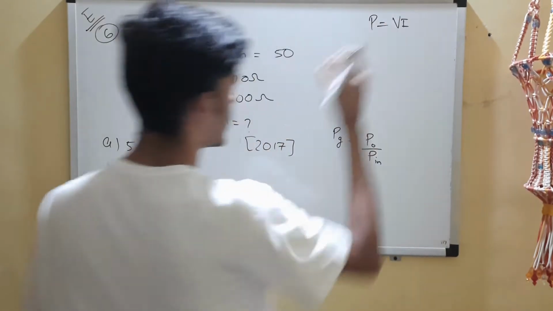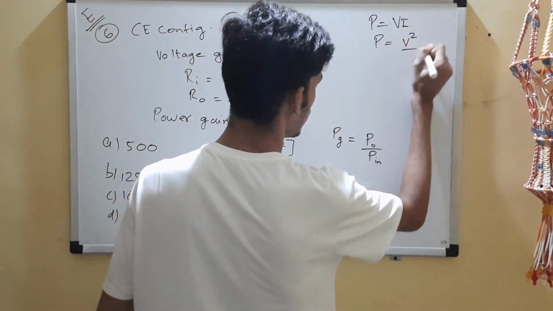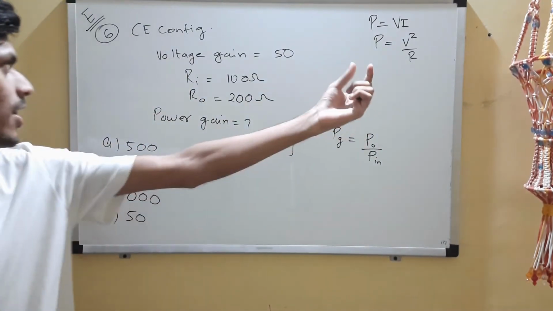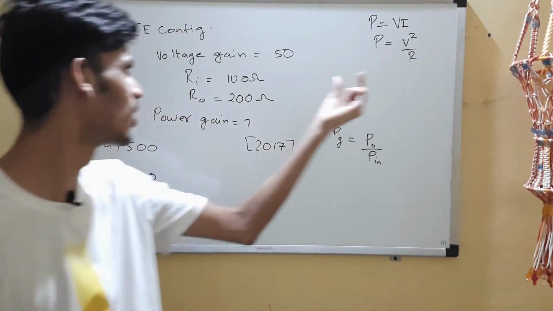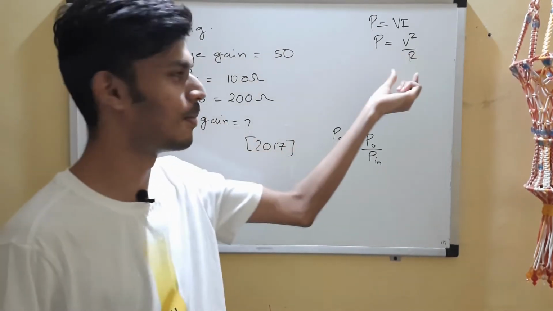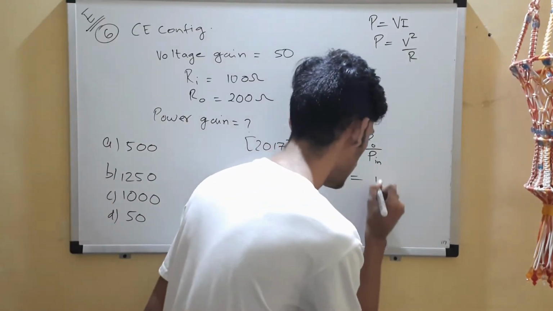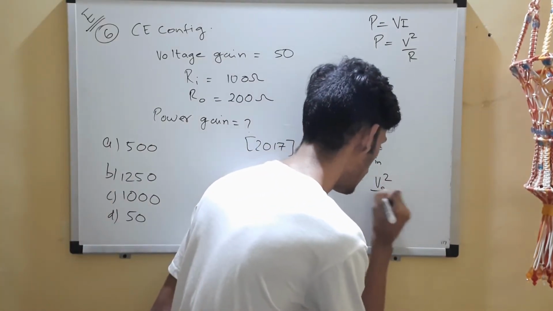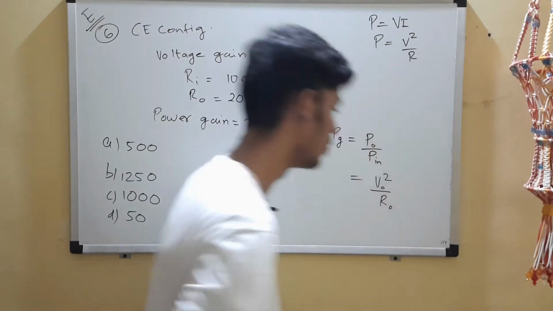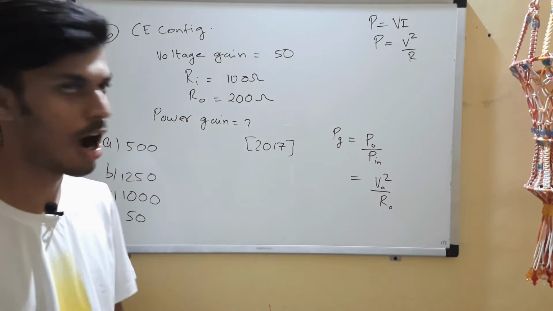Now the formula for power is VI. You can also express it in other ways like V square by R, and this one is the one that we are going to use over here, because we have some knowledge about the voltage gain and we also have knowledge about the resistances. So output power can be written as V naught square by RO, where this is the output voltage and this is the output resistance.